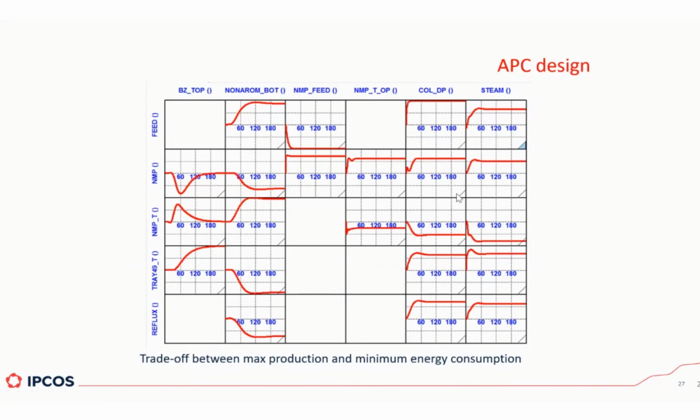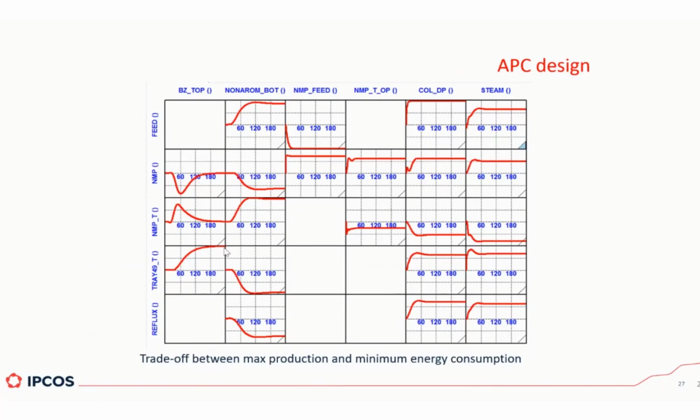So that could be one of the reasons why you most likely would not be able to do this control with a simple single input, single output control. Let's call it a PID control, you would never be able to keep a good control of these two compositions. It's just not practical. I wouldn't say not possible, but it's definitely not practical.